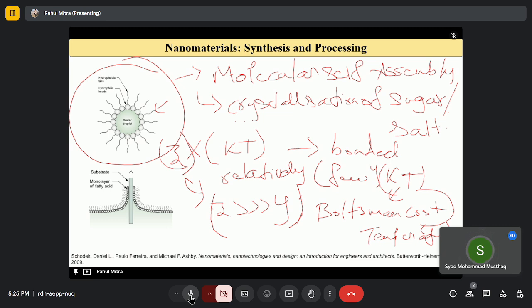So oxygen is negative, H is positive, so there is a polar bond. Now this polar bond is attracted towards the hydrophilic part. So the head will get attracted to the water droplet, but not the tail part. The tail part is hydrophobic and tries to avoid the water droplet, but the head part, which is hydrophilic, tries to get attracted towards the water droplet.